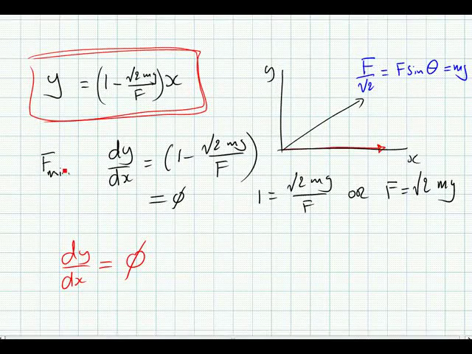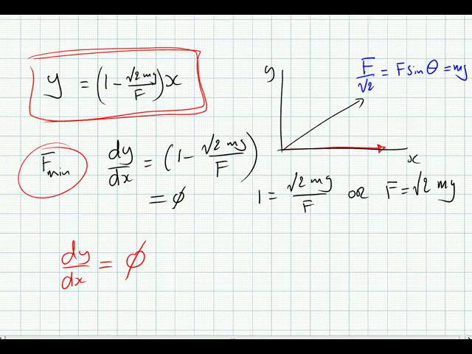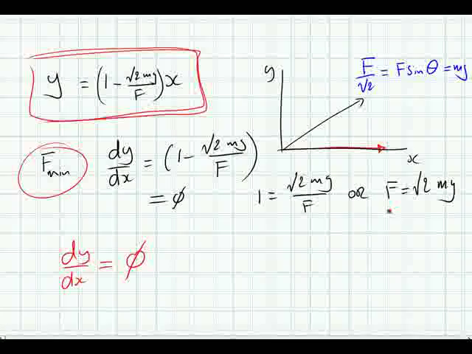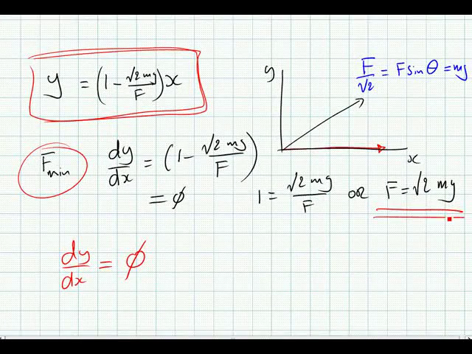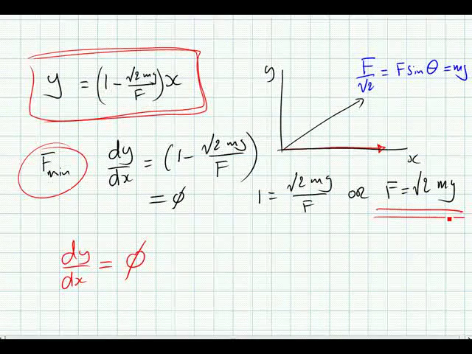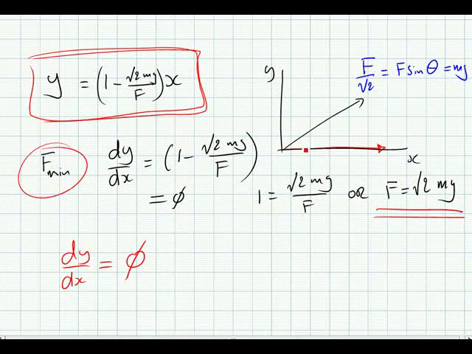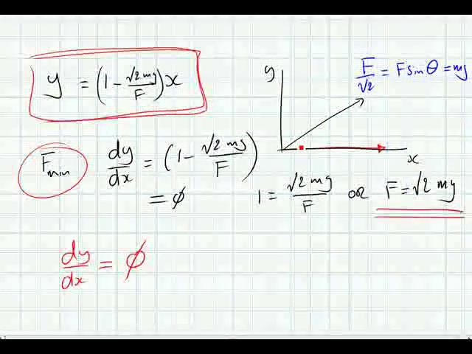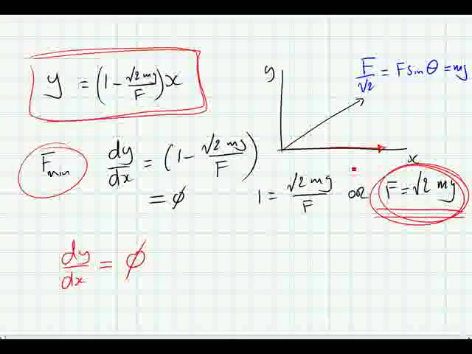If we say that at F min, minimum force, we set dy/dx to 0, then if we analyze this, we end up with a force of root 2 mg, which means that if the launch angle is 45 degrees, then we need a minimum force of this amount such that the object takes off the ground, of course.